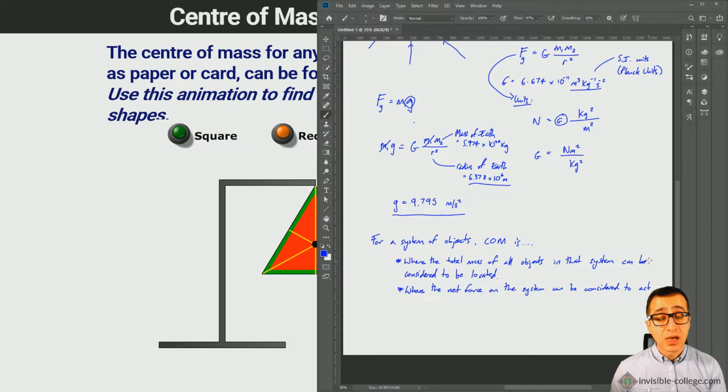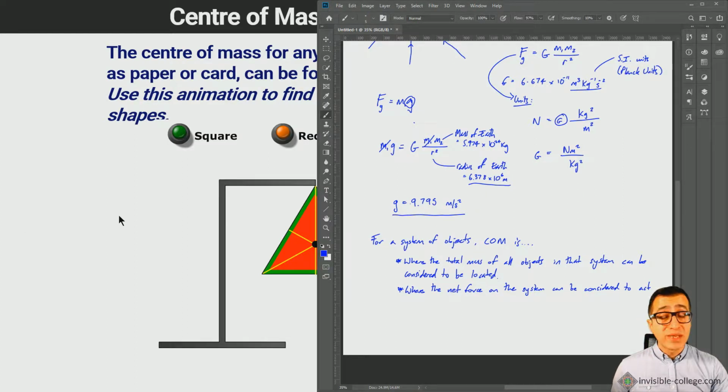And this actually makes our ability to do calculations about forces applied to whole systems considerably easier. So for a system of objects, the center of mass is where the total mass of all objects in the system can be considered to be located, and because of that, it's also where the resultant force, the total net force on that system as a vector, can be considered to be acting on that point of the center of mass.